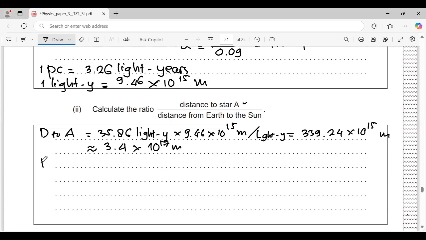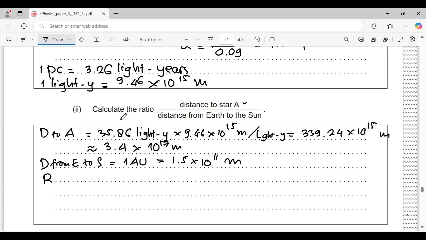Now, distance from Earth to the Sun. It is one astronomical unit. Okay. One astronomical unit is 1.5 times 10 power 11 meters.